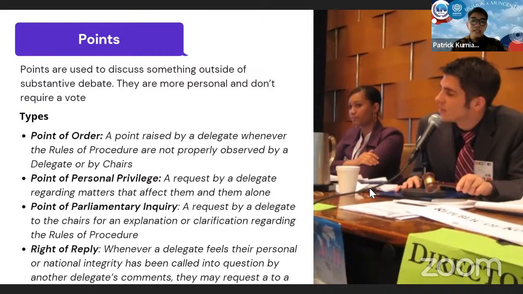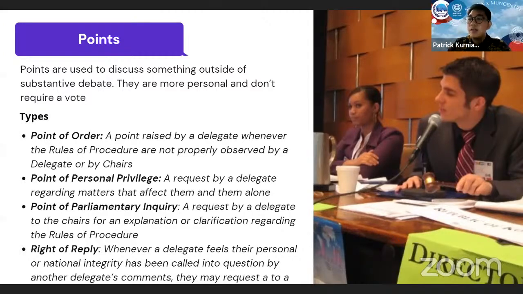And then last is right of reply. For right of reply, whenever a delegate feels like their personal or national integrity has been called into question by another delegate's comment, they can raise a right of reply. But it needs to be granted by the chairs first. So usually the process is you send a private message to your chair that you want to issue a right of reply for delegate of this because of this.